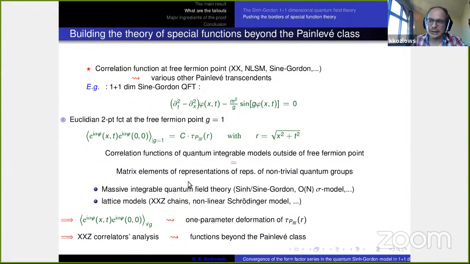What I try to advocate in these slides is that if you study correlation functions out of the free fermion point, then you obtain objects which go way beyond the Painlevé transcendent class. They have much richer properties, and some of the results which were carried out in the example of the XXZ chain point you toward this richness of properties.